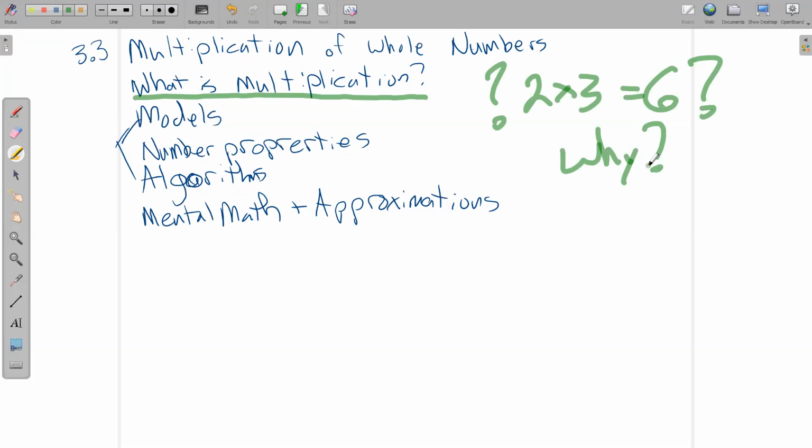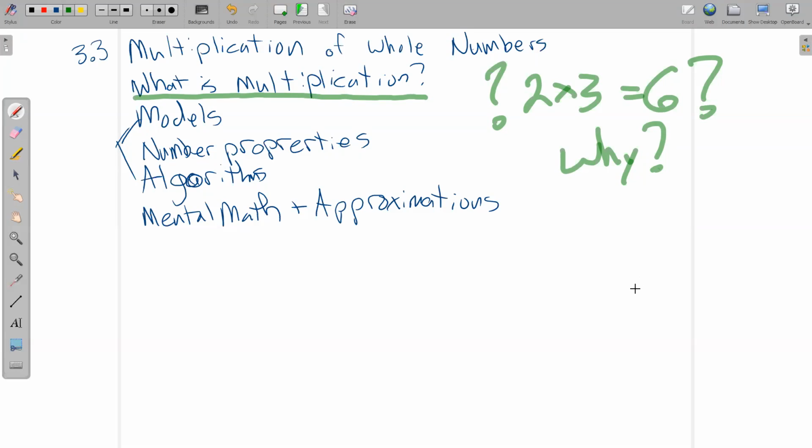So an example, a situation, a little bit of explanation. If I were to ask a younger person about this, I might say, well, what is 2 times 3?